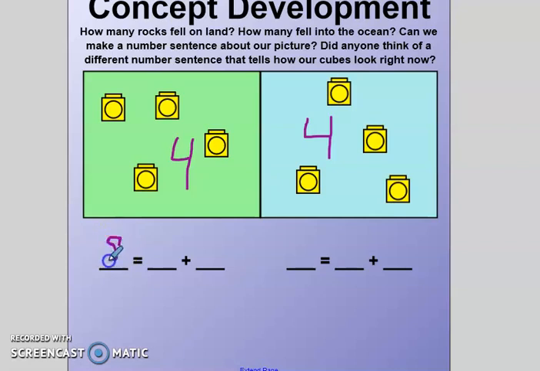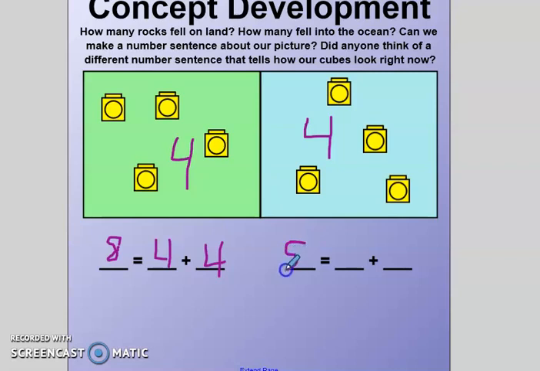I'm going to put my whole down here. 8 equals my land, which is what number again? Good job. 4 plus my water, which is my other part, which is 4. Now wait a minute.